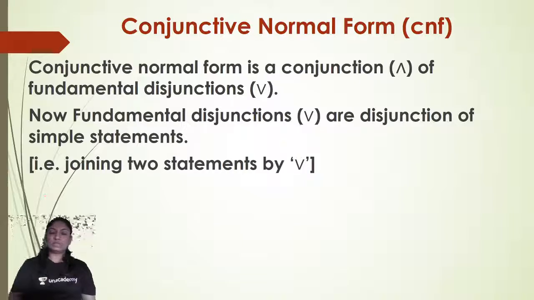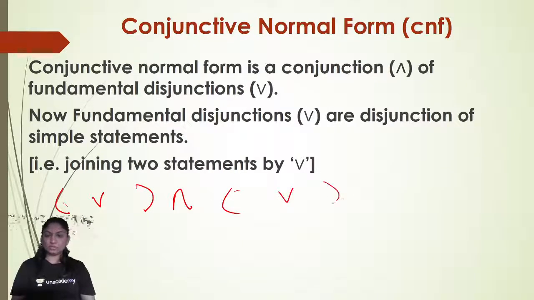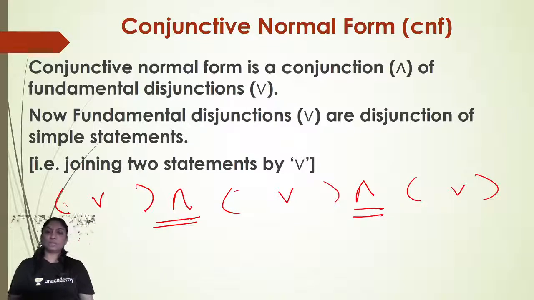It means 2 or more statements are combined with or, and all these groups are combined with and. So conjunctive normal form is a conjunction of fundamental disjunctions.